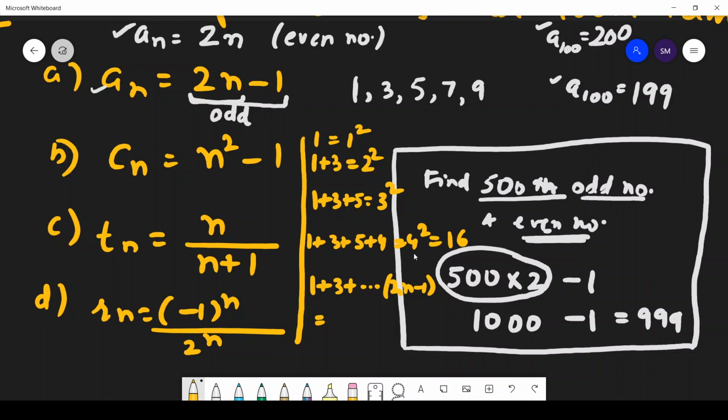See, is this 1 plus 3 plus 7 here, students? I have written it wrongly, let us recall it. 1 square, 1 plus 3 is 2 square, 2 odd numbers. Here you are adding 3 odd numbers. Let me write it again.